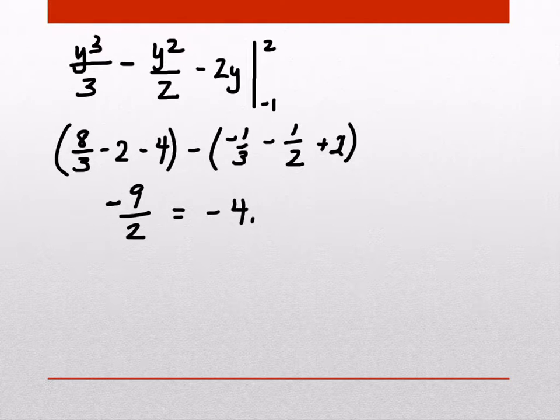Now, I want to pause for a moment and ask you if that makes sense. Does it make sense that the answer should be, in particular, negative? No, because why? Yeah, we should be subtracting the smaller one from the bigger one, so we should be getting a positive, right?